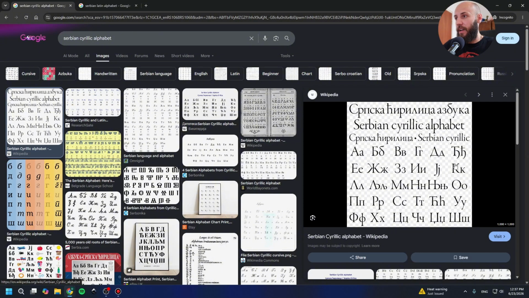So it only has 30 letters and every letter is one sound, so it's pretty straightforward. So as you can see, let's go over every letter real quick. As I said, this is not a video about learning the alphabets. You can do that with different resources, and I'm planning to do a video about that as well.